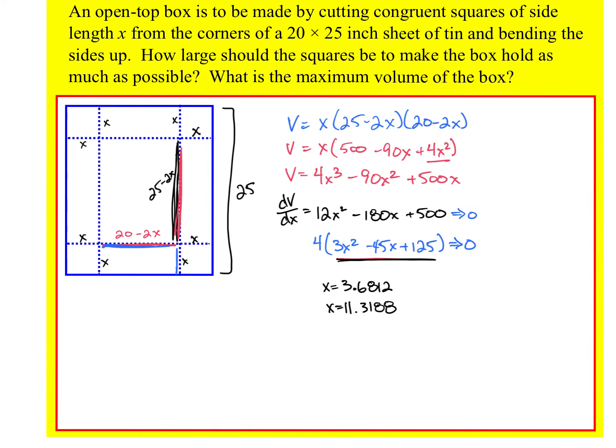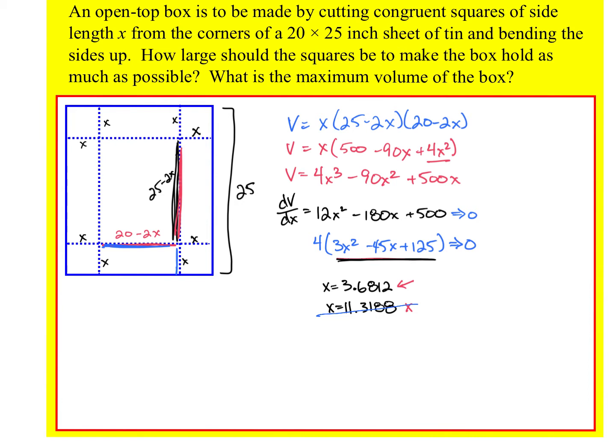Now, only one of those makes sense, and the one that makes sense is 3.6812. The 11.31 does not make sense because if I were to substitute an 11 something into x right here, that length would be negative. That would give me a domain issue, so that is an extraneous solution.